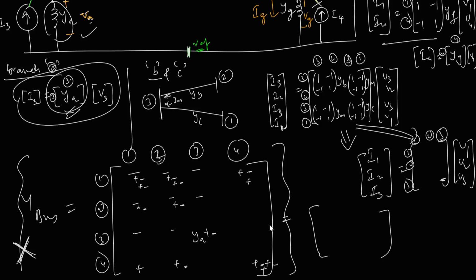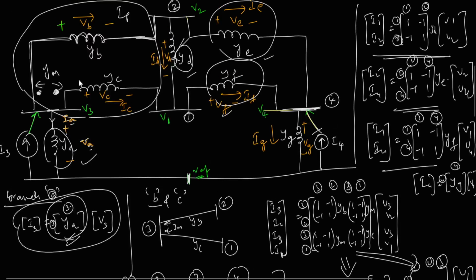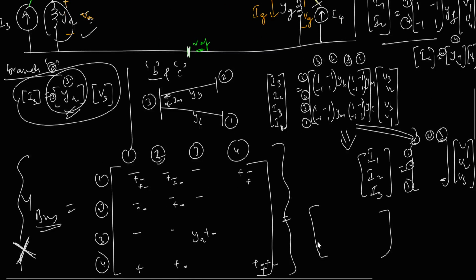Only for verification and cross verification, try to form the Y bus by writing the building blocks for all the branches using the previous problem values, and verify this Y bus equals the first assignment Y bus.